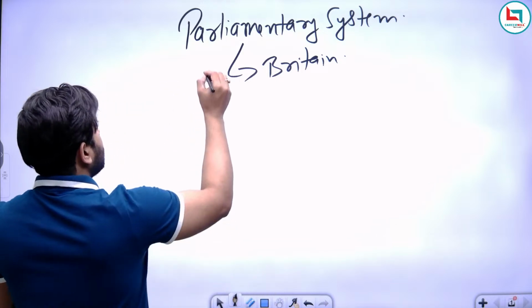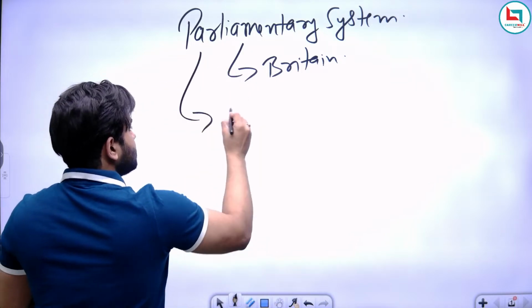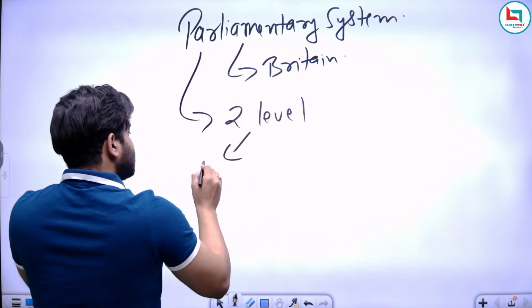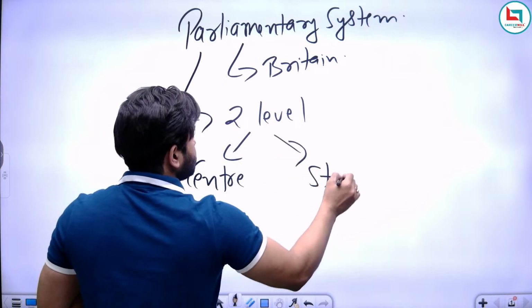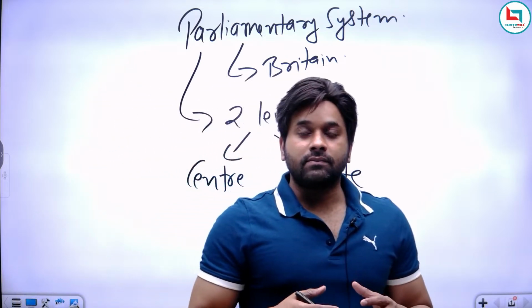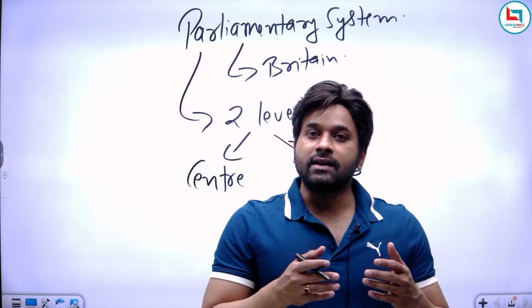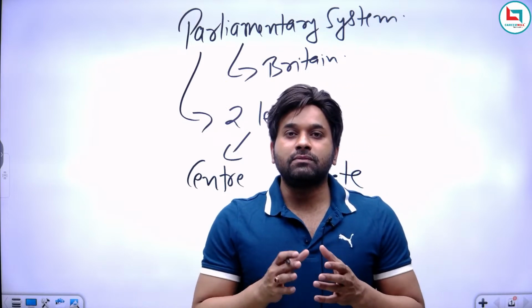Second thing, the parliamentary system is present at both levels. The first level is the center and the second level is the state. So the parliamentary system is at the central level and the same system is at the state level, and that is why while studying Indian polity we always make a comparison.